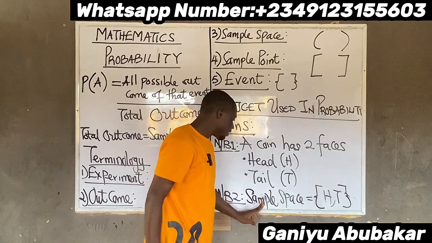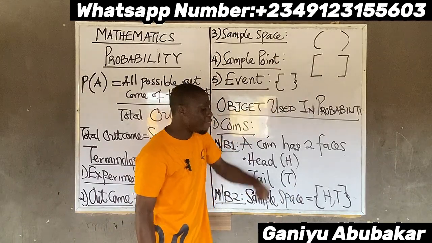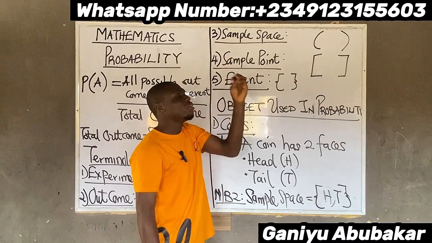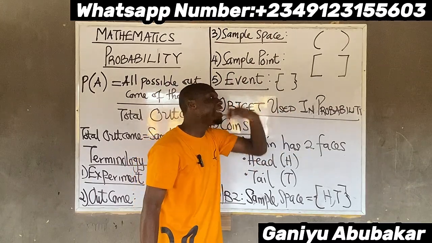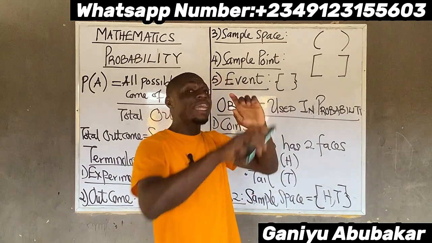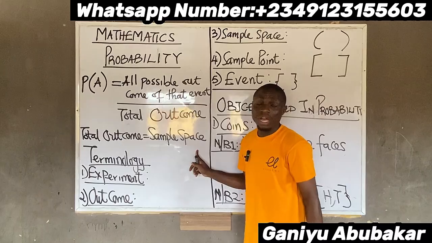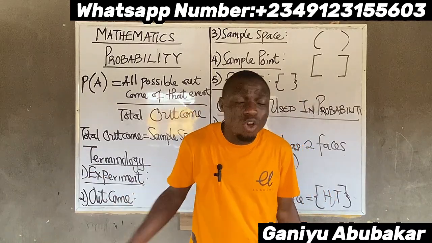When I say sample space, if I throw a coin up, there's a high chance I get head or tail. Aside from head and tail, nothing else in a coin. So I define sample space for you as all the possible outcomes of that event or that experiment.